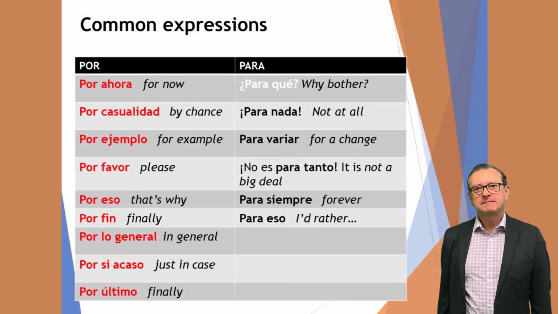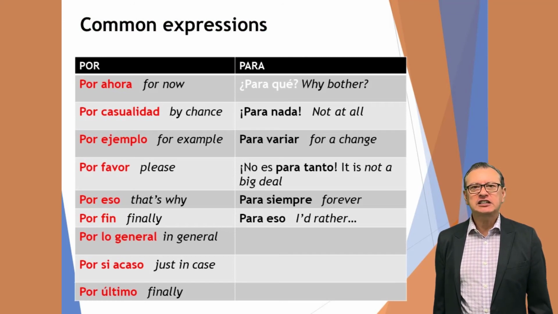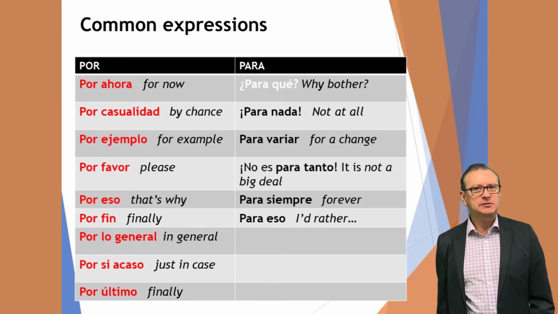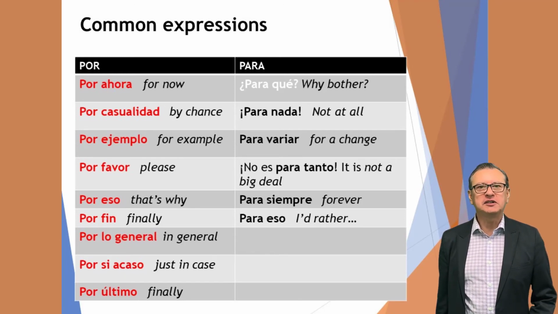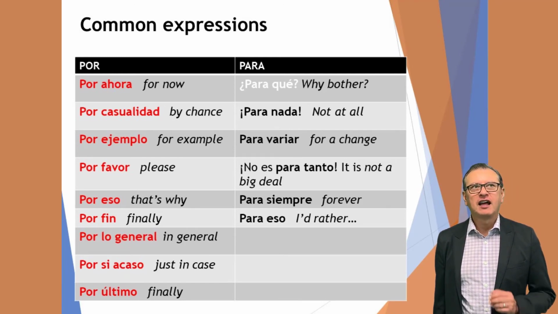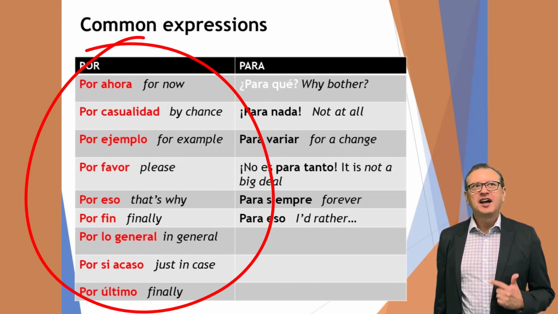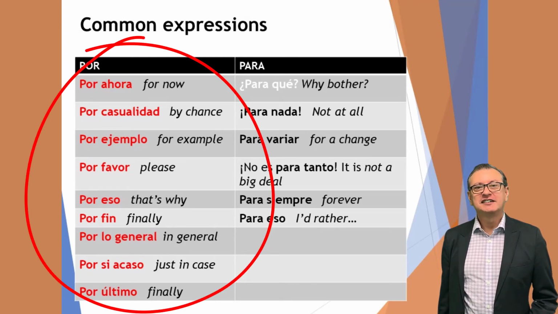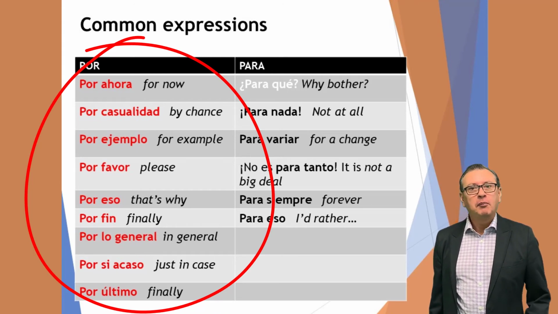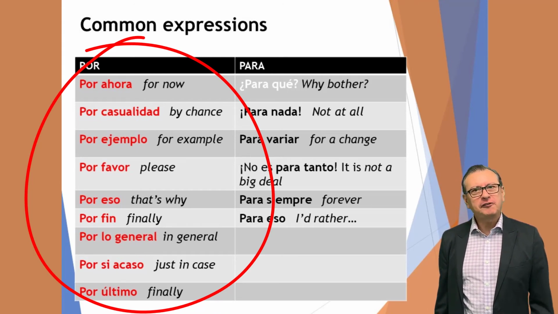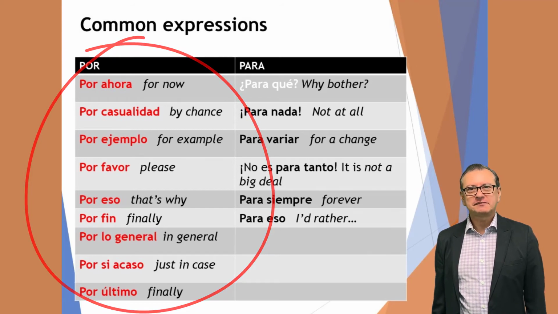Common expressions. In Spanish, there are several expressions with por and several expressions with para. Let's take a quick look at which are the most common expressions in Spanish. Por ahora, por casualidad, por ejemplo, por favor, por eso, por fin, por lo general, por si acaso, por último.